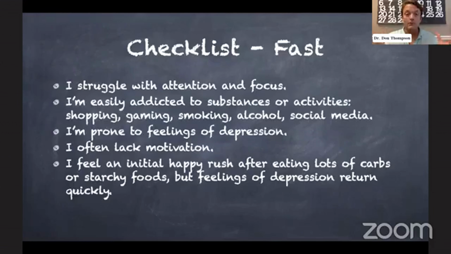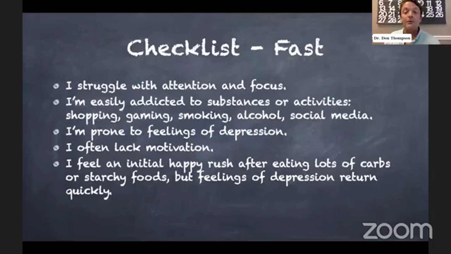And again, since you have the gene, it's not an excuse for the behavior. That's where therapy comes in, talking to somebody about your life and your choices. Prone to feelings of depression, lack of motivation, a little stimulus.